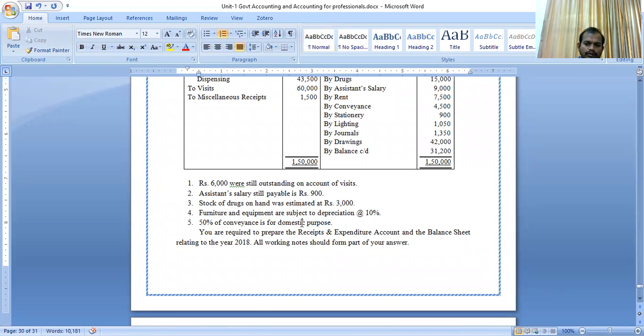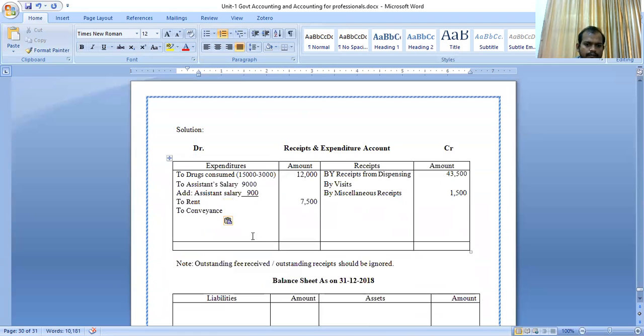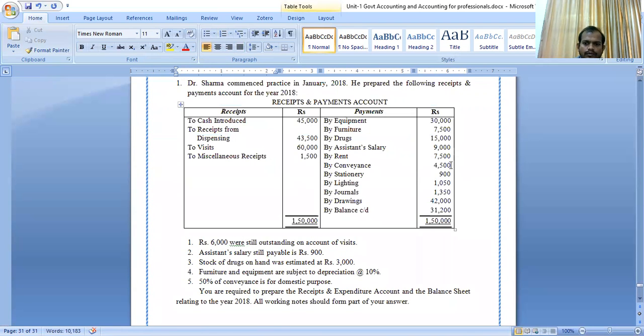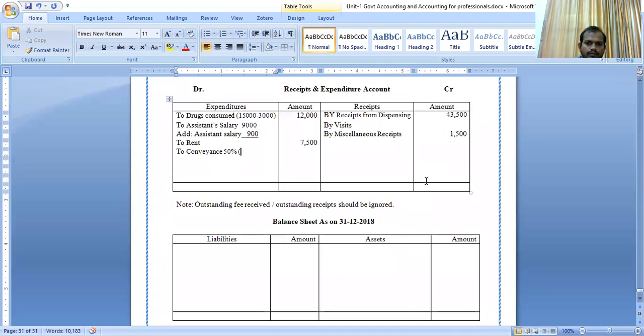We have to deduct it from the capital, like drawings. Conveyance 50%. So it is 4,500, in the sense 2,250.